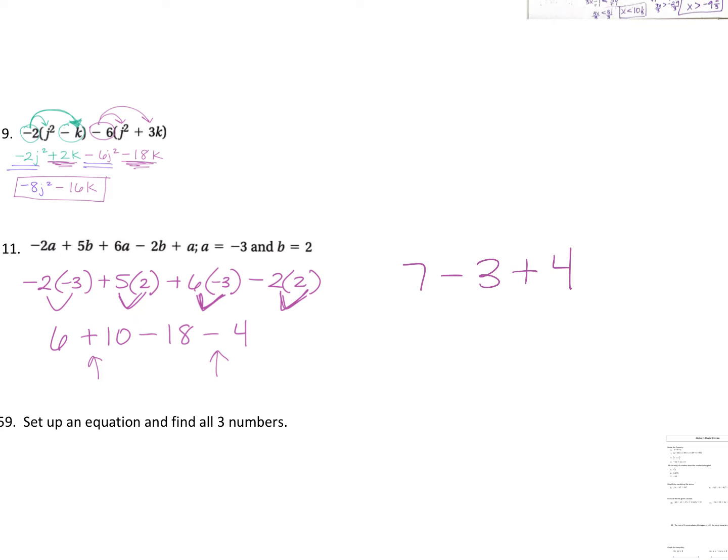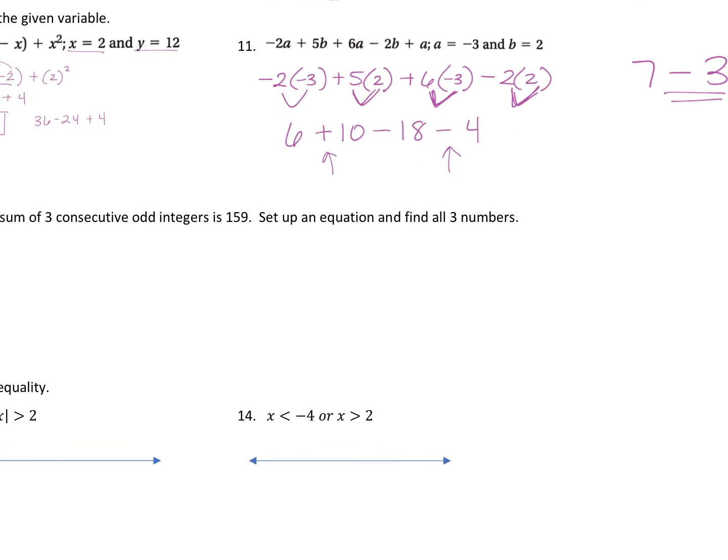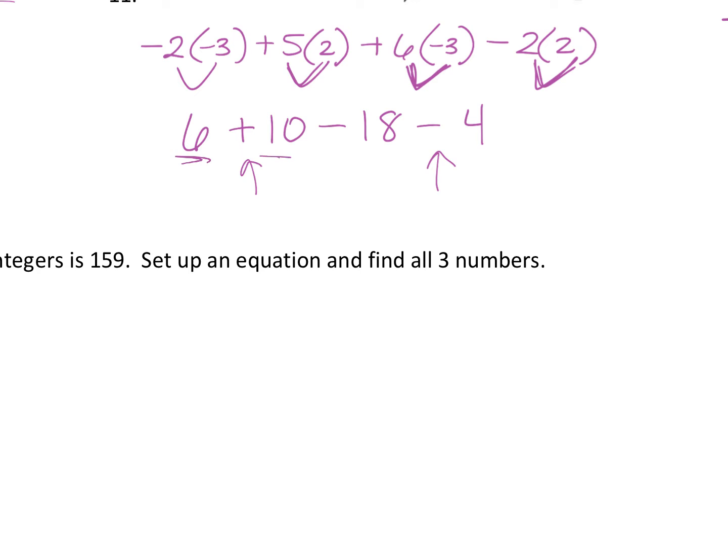Is that 0? No, because this number right now is not 3 plus 4. It's -3 plus 4, right? That's why if you make sure you go left to right, you won't make that mistake. So if there's only addition and subtraction left, start at the left and just do the operations as you see them, okay? So in this case, we're going to go left to right. 6 plus 10 is 16, minus 18, minus 4. 16 minus 18 is -2, minus 4 is a -6.